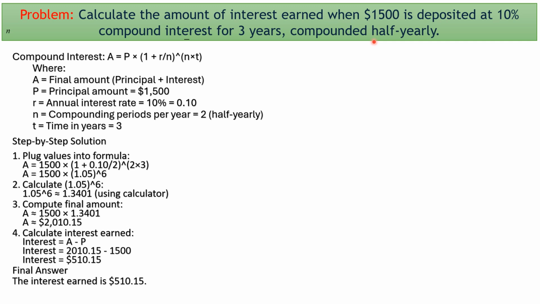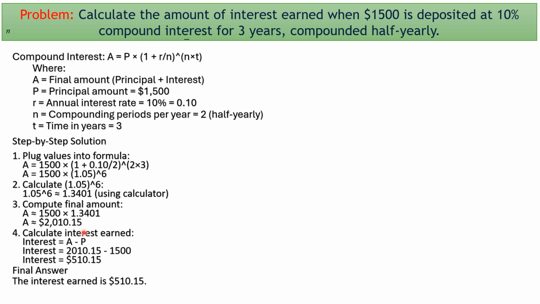So therefore, by using this formula, we will find out the total future cash inflow. So principal is given, interest rate is given, N is given, T is given. So A is calculated, A is determined, that is 2010.10. A is equal to the total future cash inflow, that is including principal amount and interest component.